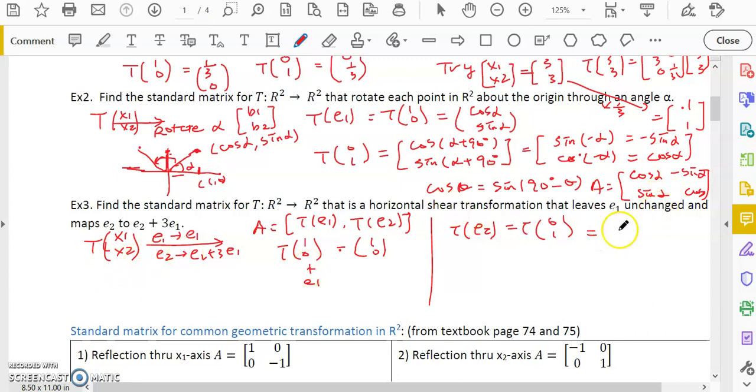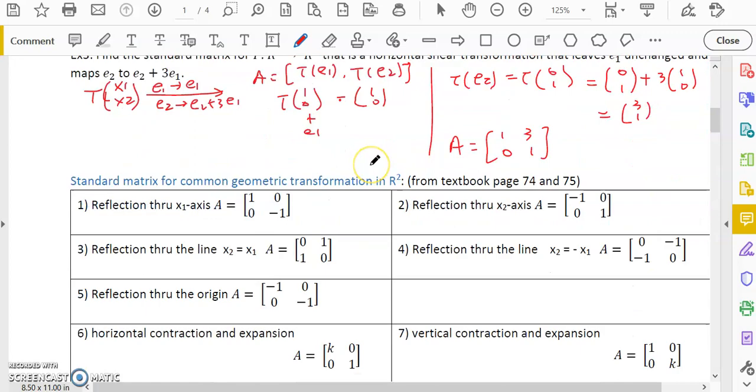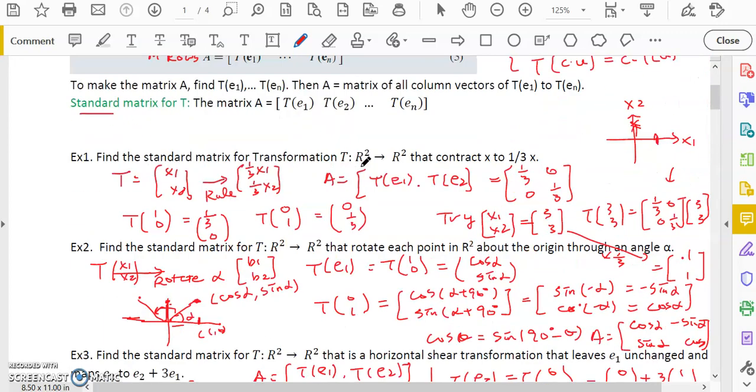It's equal to e2 itself plus 3 times e1, which is (1, 0). So if you add them together, there will be (3, 1). So A itself would be combining T of e1, which is (1, 0), and T of e2, which is (3, 1). And if you multiply A by x, it would be doing the same transformation that we described above. So that is a very important theorem, Theorem 10.